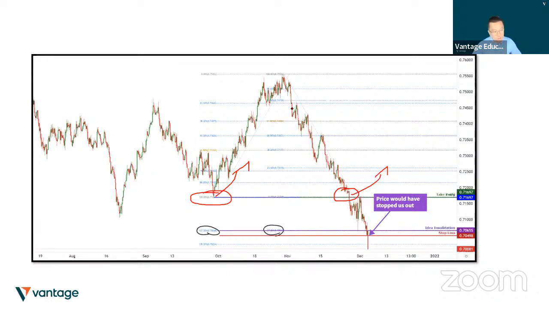But remember, what's the trend? The overall trend was towards the downside, right? So this would be looking for a little bit of a higher risk trade.